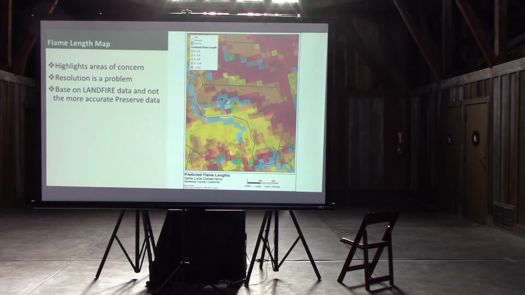The flame length map, again, this is a model. This is based on the LANDFIRE data. So the resolution is about 30 meters, and each pixel that's shown on there is about 30 meters by 30 meters. And so it's rough, but it does show that your worst fire behavior, based on the conditions that we ran the model at, is going to be along this drainage because it's the denser vegetation.